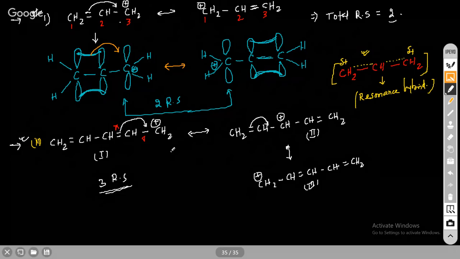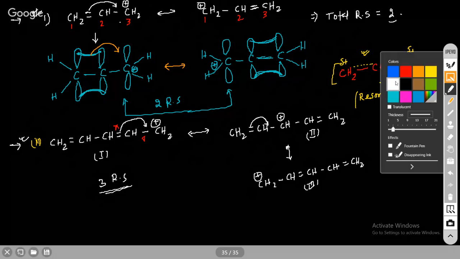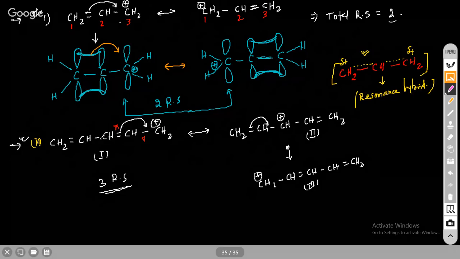It's a pi sigma pi conjugated system. In this, you can see, you'll get the same thing actually. Suppose pi sigma pi conjugation, right? So if this pi bond you shift here, obviously this pi bond has to shift onto this carbon atom.